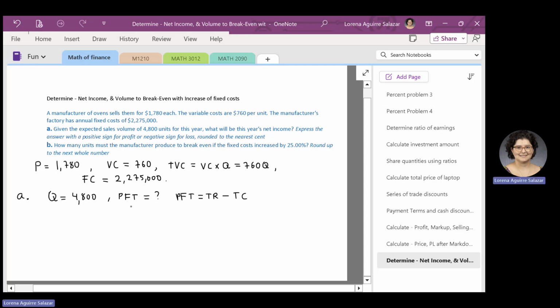Now the total revenue of a business is the amount of money received or brought into the business from the sales of the items produced and sold during a period. Total revenue is calculated by multiplying the selling price per unit, so that's P, by the number of units sold, so that's Q. So here we multiply 1,780 by the number 4,800.